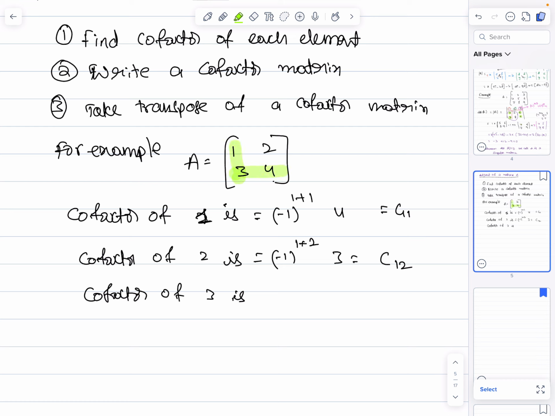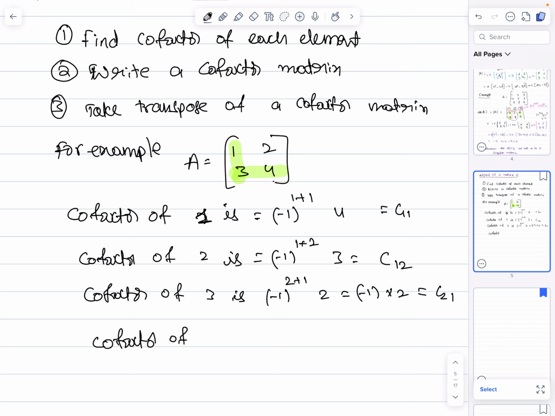That is minus 1 whole power second row first column, and the leftover element is 2. Therefore, this is minus 1 into 2. This is actually C21, the position in the cofactor matrix.